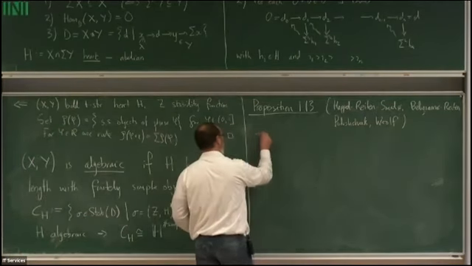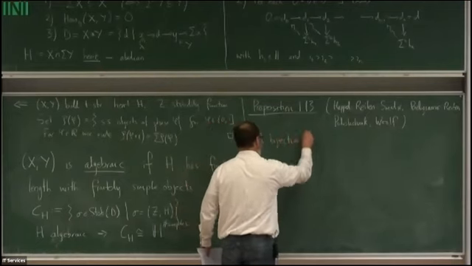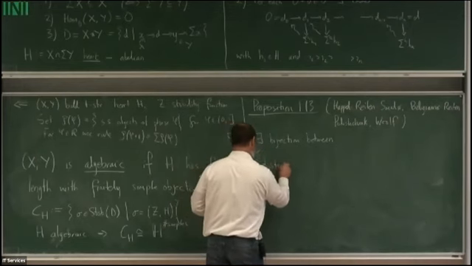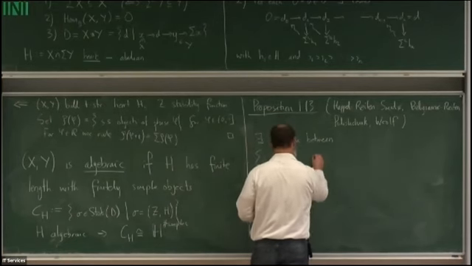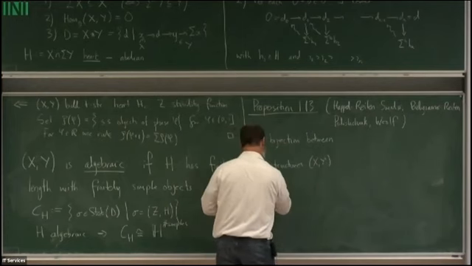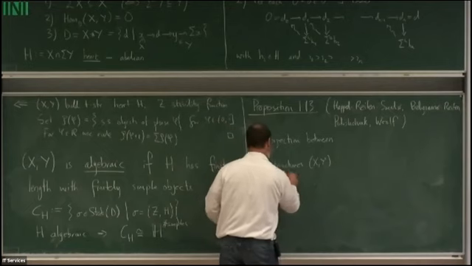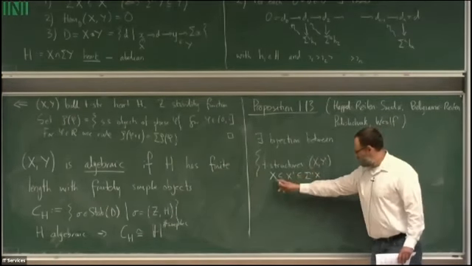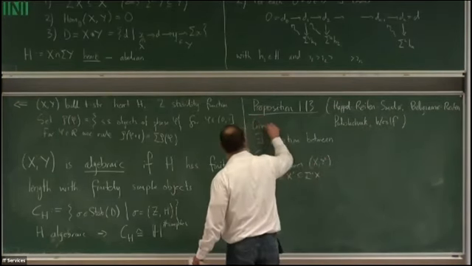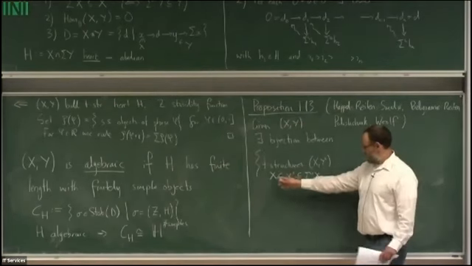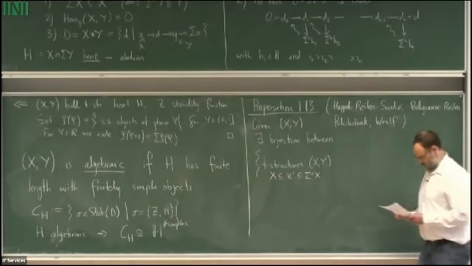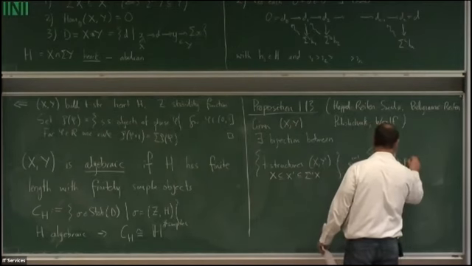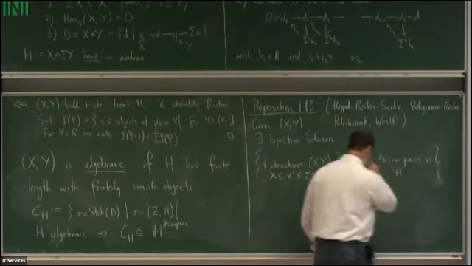But there's a bijection. Given (X, Y), there's a bijection between T-structures (X', Y') with the X part sitting between X and its negative shift, and torsion pairs in the heart of (X, Y).